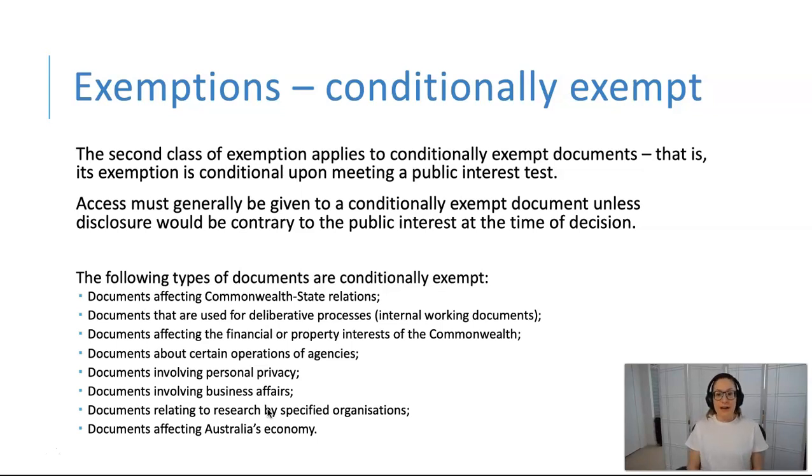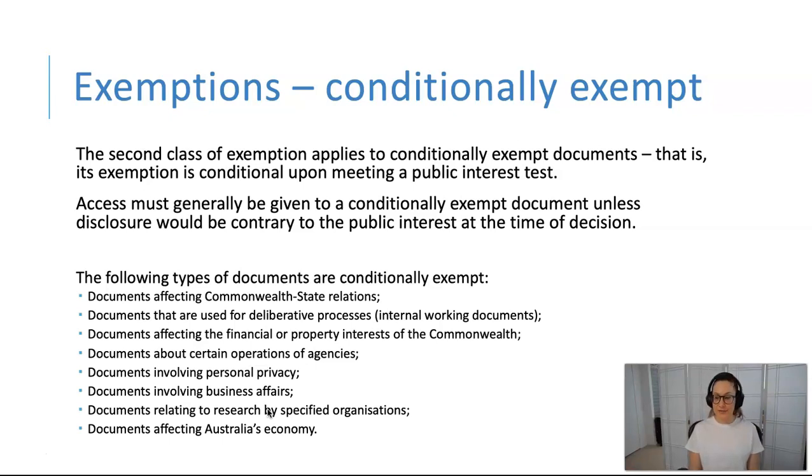Other documents might be conditionally exempt. That means that they should be given access unless disclosure would be contrary to the public interest. So the agency or minister must consider whether it is actually in the public interest not to disclose this document.